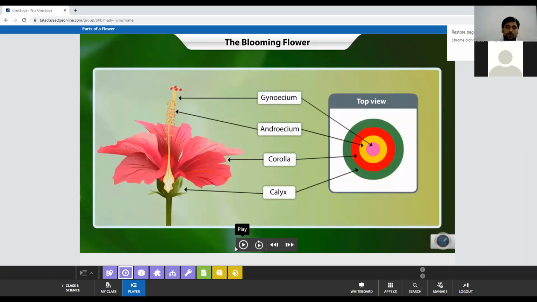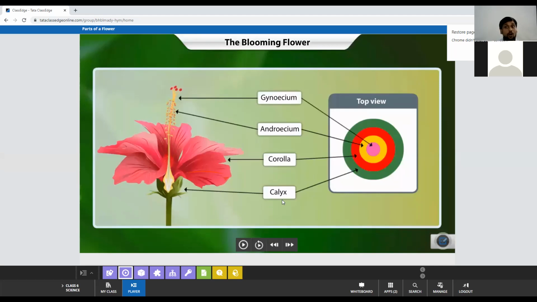So the outermost part of a flower is what? The calyx, which is called the first whorl. The second whorl of a flower is called the corolla. The third whorl is the androecium, which is the male reproductive part of a flower. And the gynoecium is the female reproductive part of a flower.